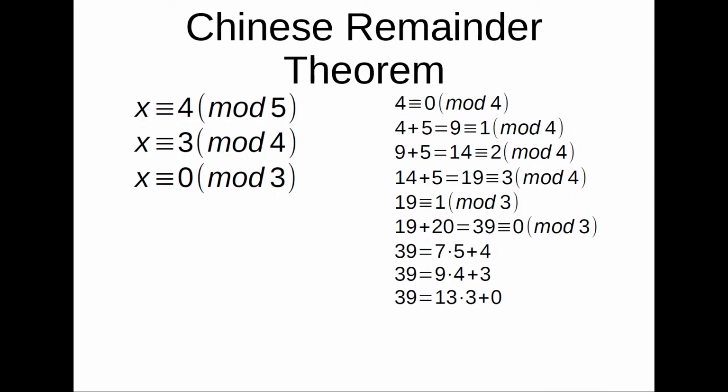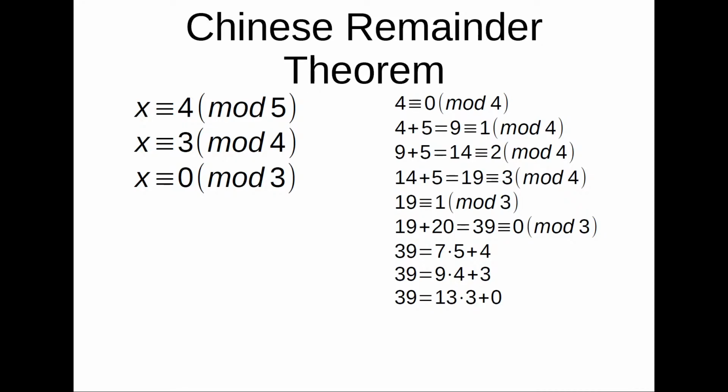So 4 is congruent to 0. Then the next one is 4 plus 5, since that's also congruent to 4 mod 5. That's 9. 9 is congruent to 1. The next one, 9 plus 5 is 14, is congruent to 2 mod 4. And then the next one, 19, is congruent to 3 mod 4.